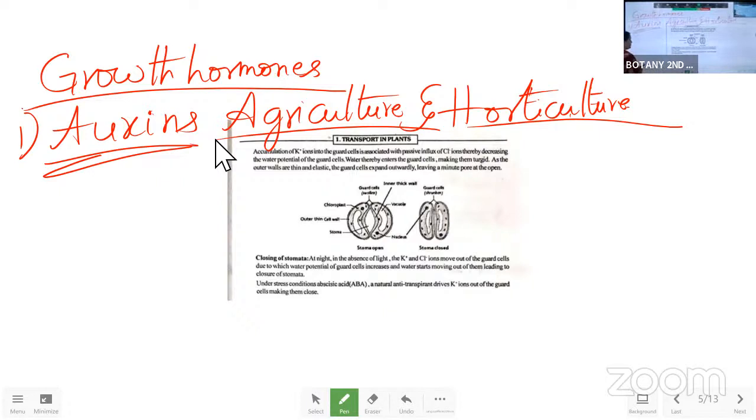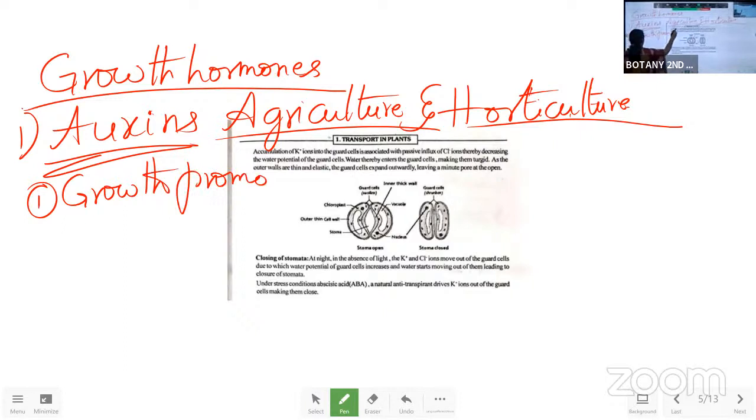The first point to start with is that the auxins are the growth promoting hormones, which act based on the sunlight. These are called PGRs, plant growth promoting hormones. Okay, we can call them phytohormones, because they act according to the outside sunlight.